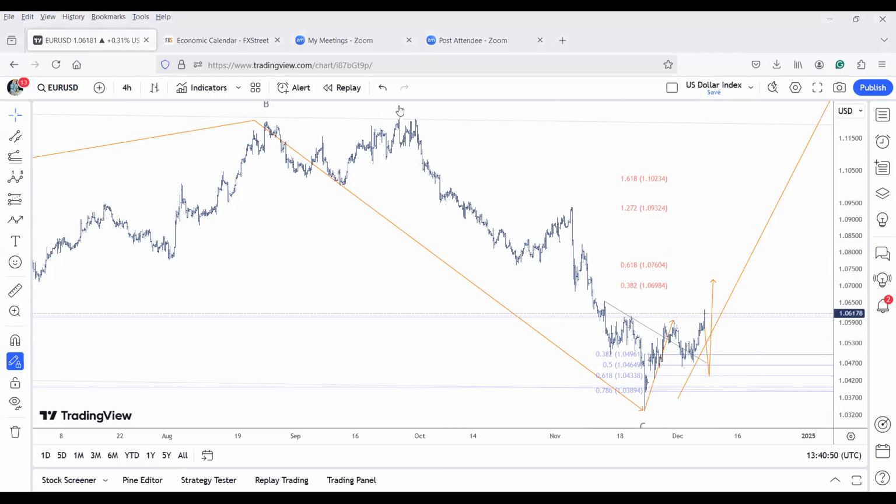One more thing, no matter how much you watch the fundamentals, no matter how much you read the fundamentals, we are not going to come to know the fundamentals unless the figures are out. Do you all agree? Unless the print is out, the only thing that is happening in the market is speculation.